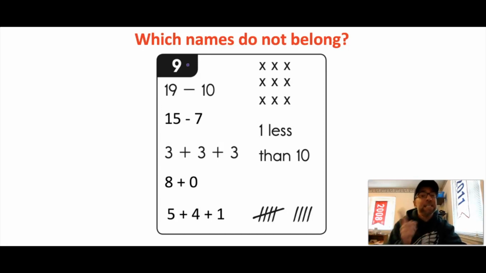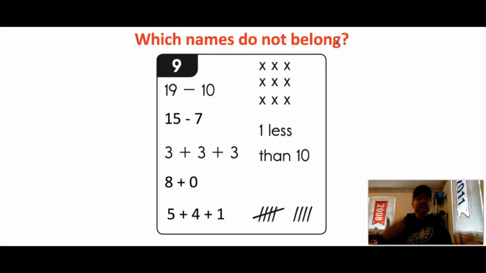Some of these names do not belong. Which names do not belong? Well, I'm going to tell you that there are 3 names that do not belong. And here's how we check. The first thing we have to do is we have to solve every little problem.